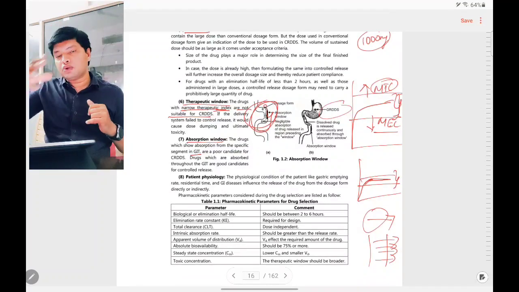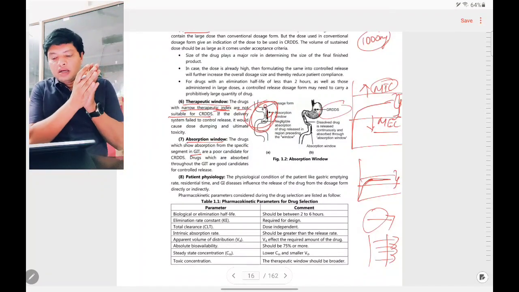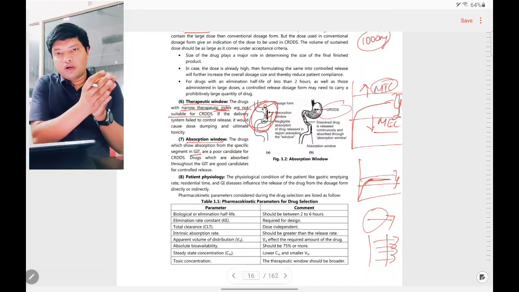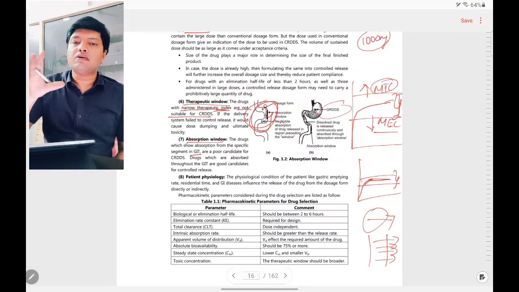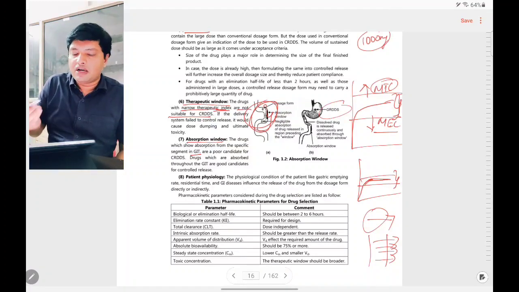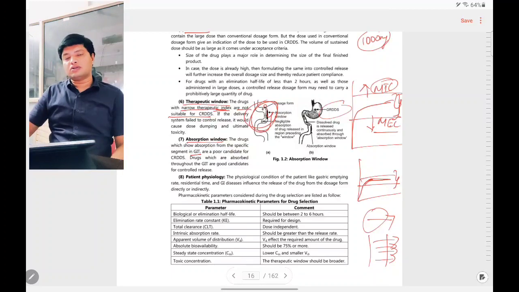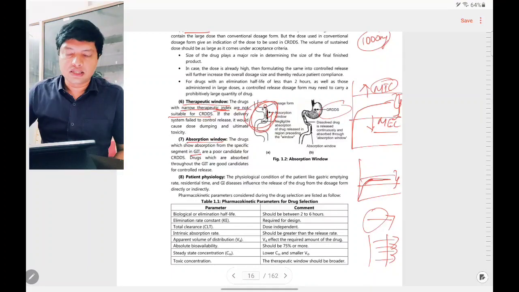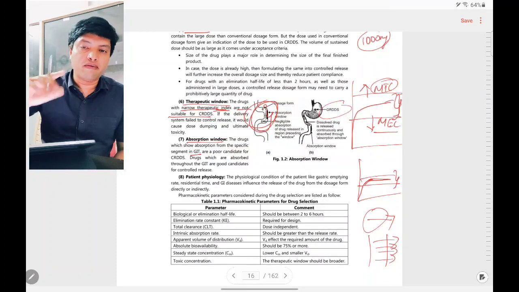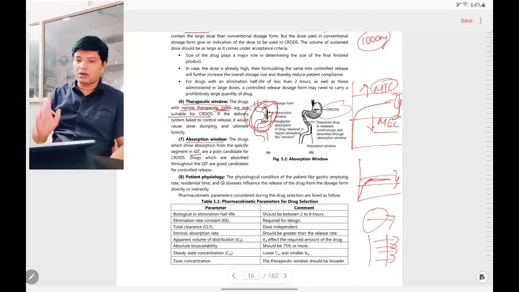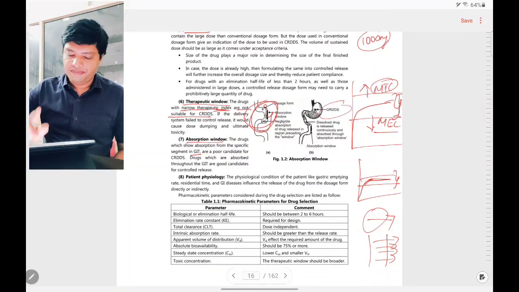If it is having a particular absorption region, that is what we call absorption window, then we have to design a separate dosage form. That is, if the drug is having good absorption in stomach, design that in gastroretentive drug delivery system. So the drugs with narrow absorption window as well as narrow therapeutic window are not good candidates for controlled drug delivery system.